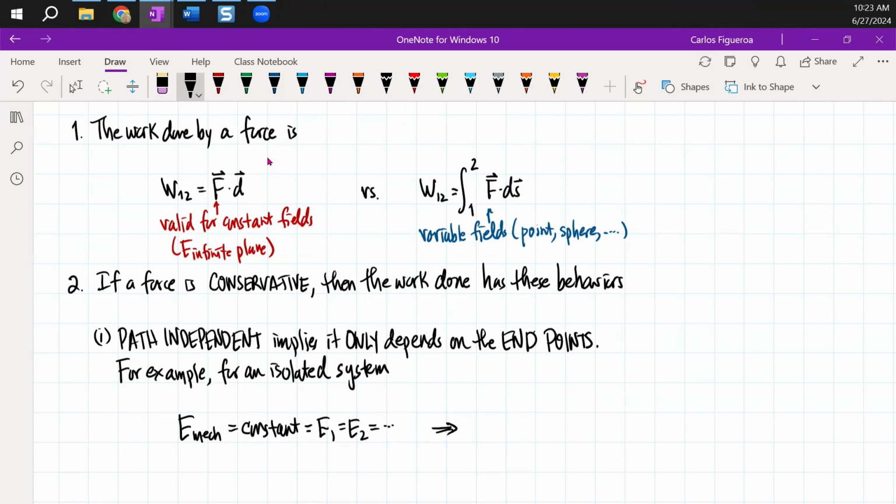But that really tells us that when I compare two energy states, I actually don't care what happens between point one and point two. So not only are they path independent, but it only depends on the endpoints.